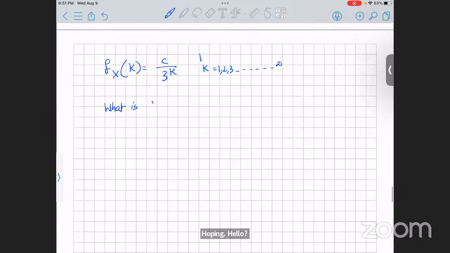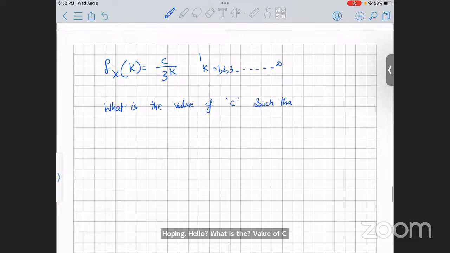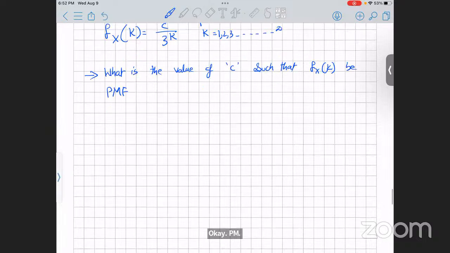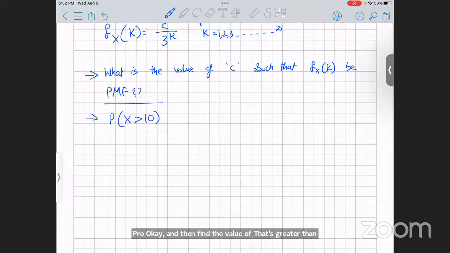What is the value of c such that fx of k is a PMF, probability mass function? First, okay, and then find the value of P of x greater than 10. These are the two questions. First, find the first question.